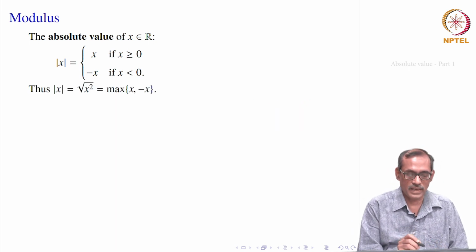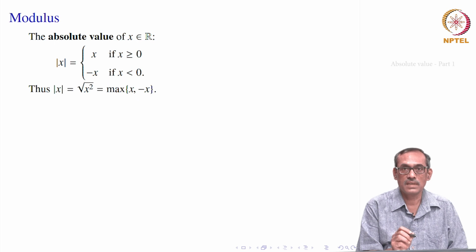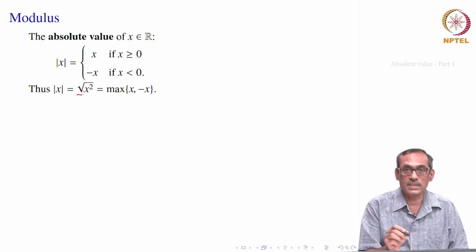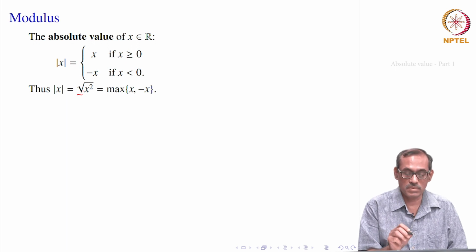For example, we can write mod x equal to square root of x square. Whenever we have this square root symbol, it is always the non-negative square root, because for x square, for example 9, its square root can be 3 or minus 3, but this square root symbol says you have to take the non-negative value. If it is 0, you have to take 0 anyway. If it is positive, then this result should be positive.